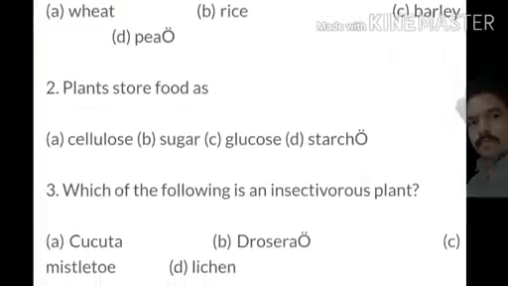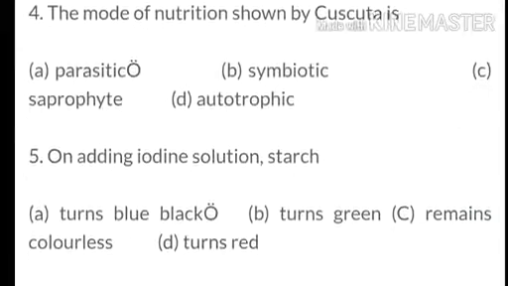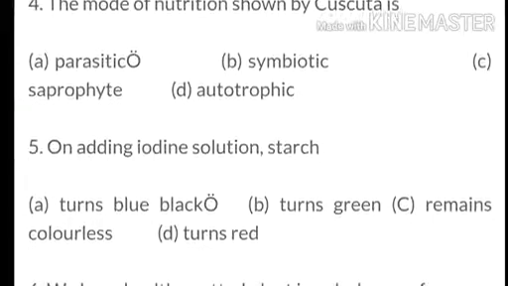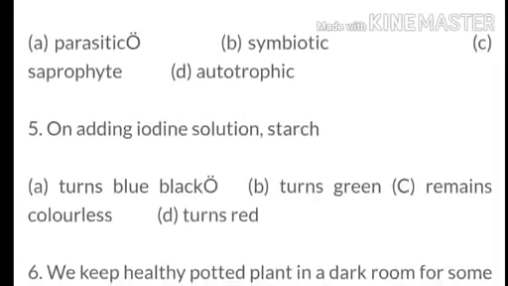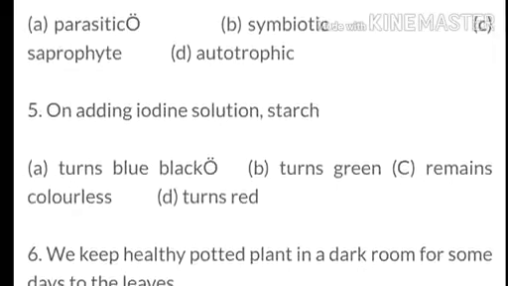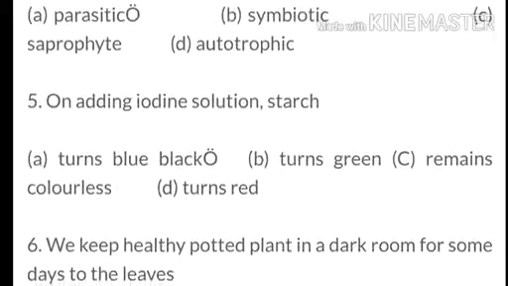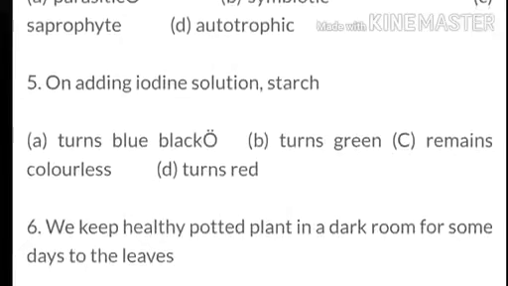The correct option is Drosera. Now fourth question, the mode of nutrition shown by Cuscuta is parasite, symbiotic, saprophyte, autotrophic. The correct option is parasite. Fifth question, on adding iodine solution, starch turns blue black, turns green, remains colorless, turns red. So the correct option is turns blue black.